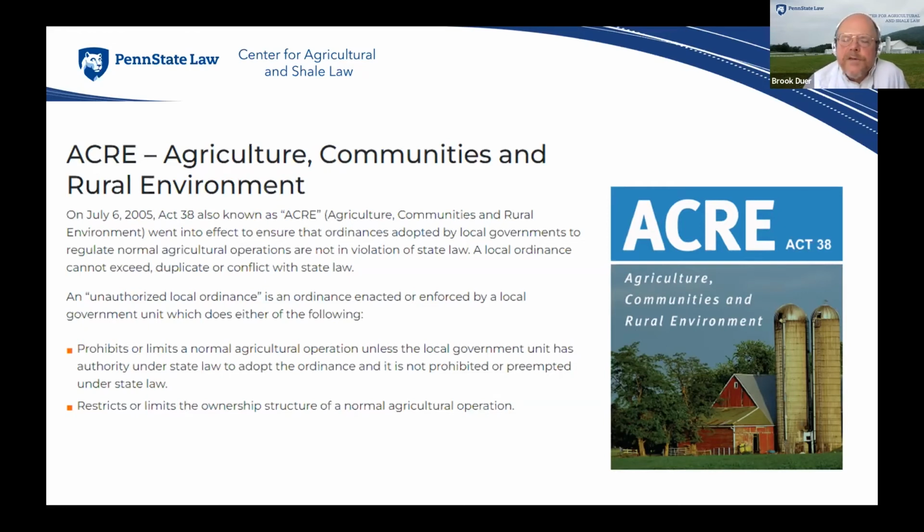And then there's this other little tack on about restricting ownership structures. We'll talk about that in a minute. So, two purposes there. I don't know the history of the restricting ownership structure. I'd love to hear anybody's war stories on that.